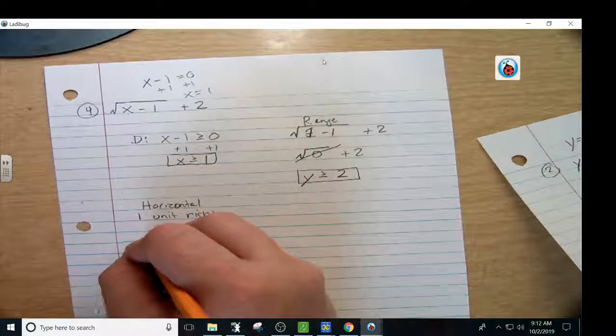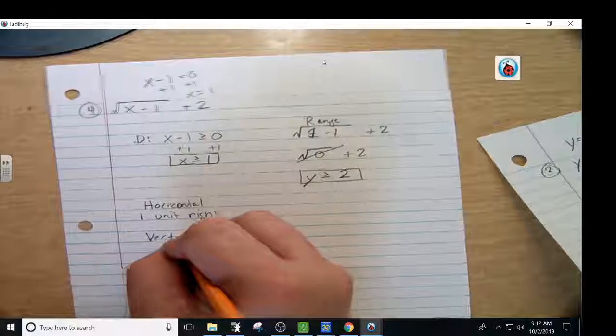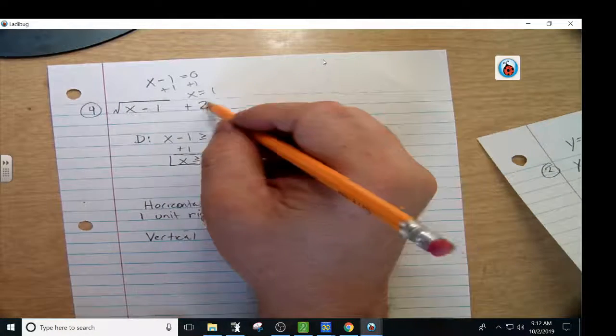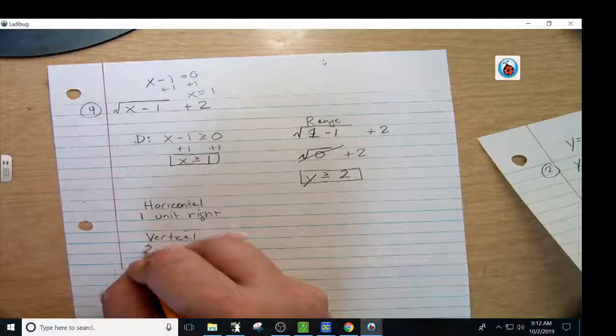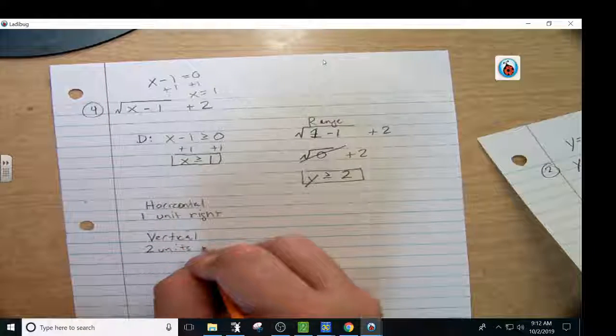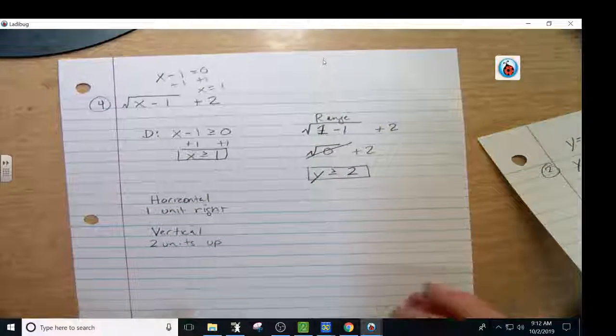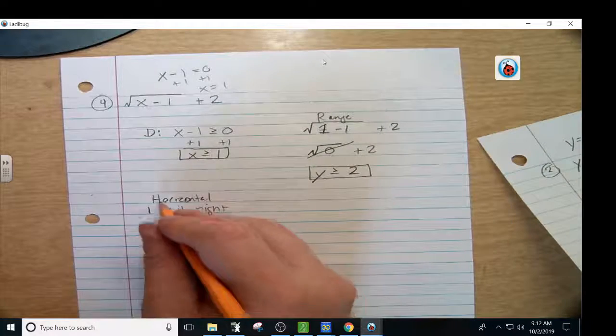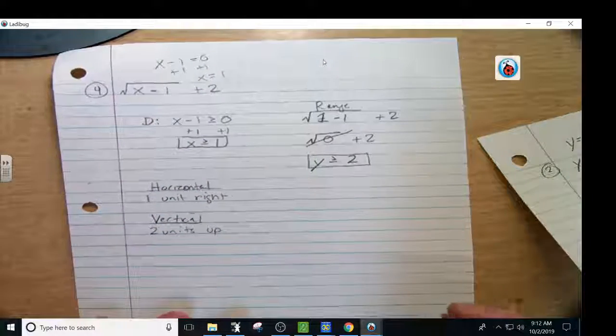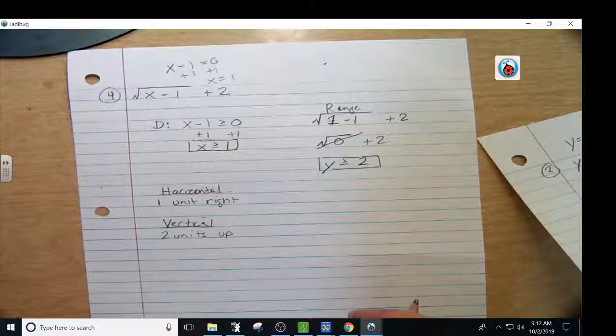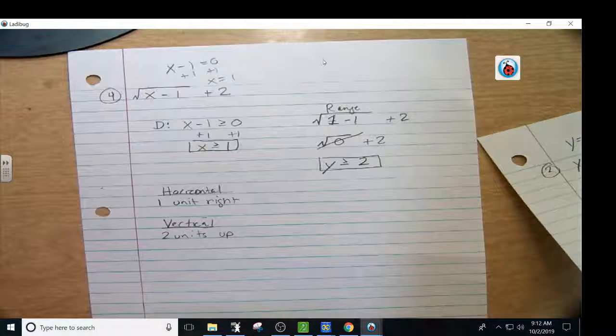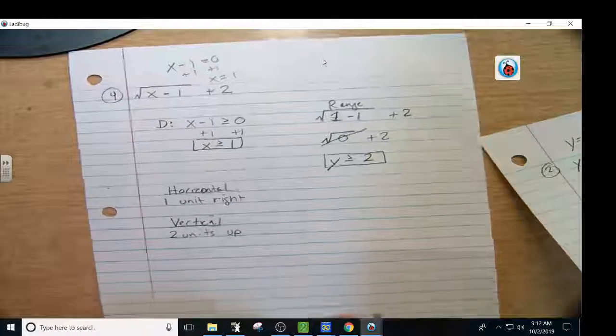Okay. Vertical is your K value. That will be 2 units up. Okay, and then A value.